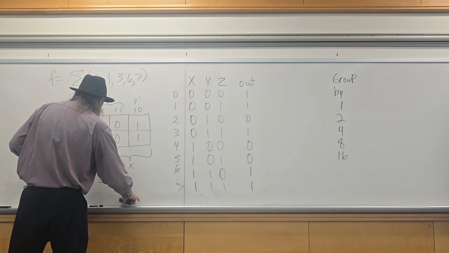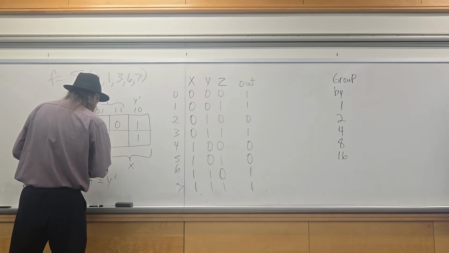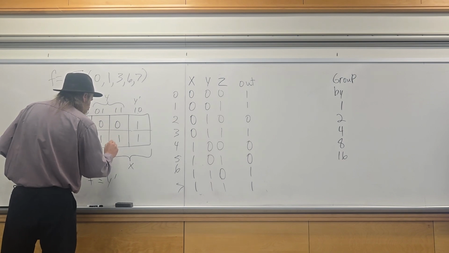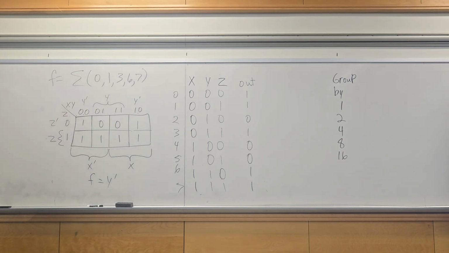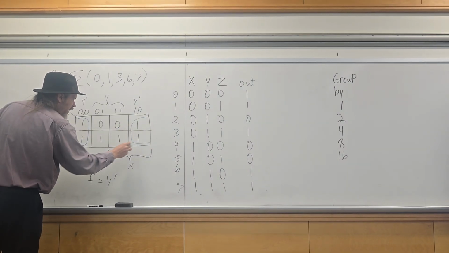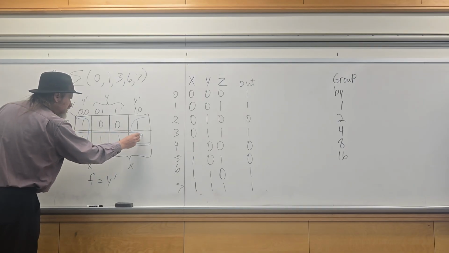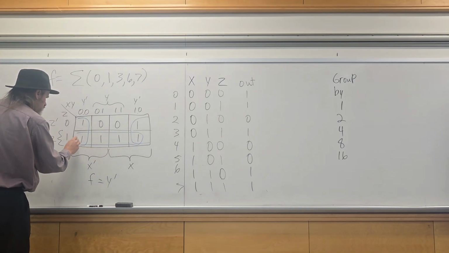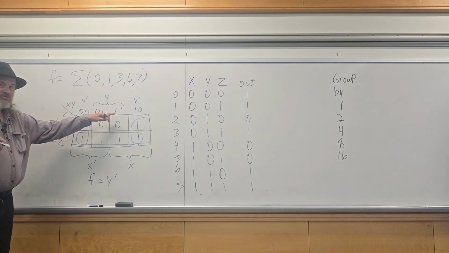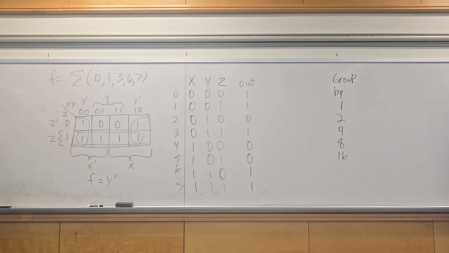groups of 4 can be a square or a line. So you have two groups of 4 here. You have the one we had before and a lined group of 4. You cannot do groups of 4 in an L-shaped pattern, only in squares and in lines.